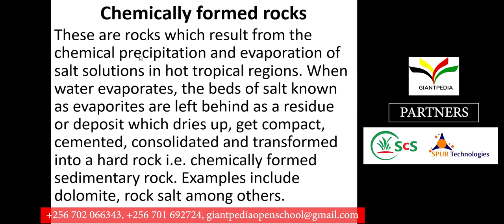So when I talk of chemical precipitation, that means material turning into solid after evaporation of the water. Not the precipitation in form of rain, snow, sleet, not that. This is what we refer to as a precipitate. It's like also in a lab. In a lab, when you mix certain chemicals, you find they coagulate or turn into a kind of precipitate. So that is what we are referring to.